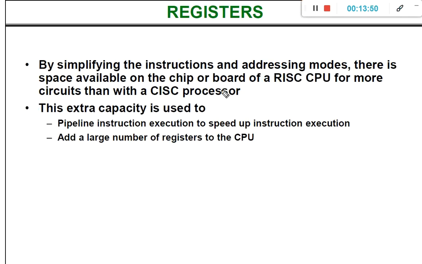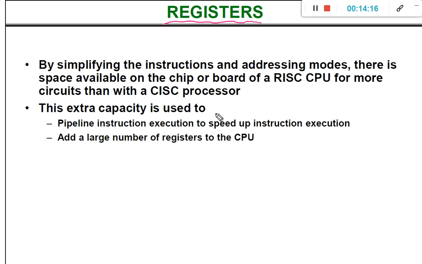The main advantage of RISC computers is the plenty of registers available for various operations. As we have simplified the number of instructions as well as the addressing modes, there will be space available on the chip of the RISC computer to accommodate a huge number of registers.